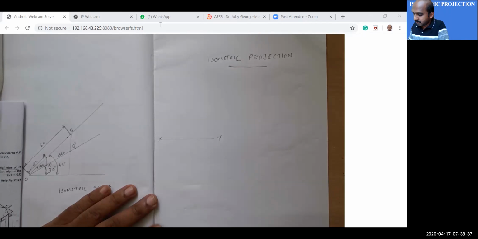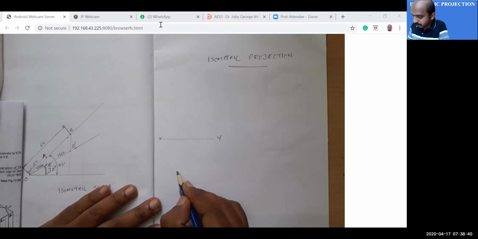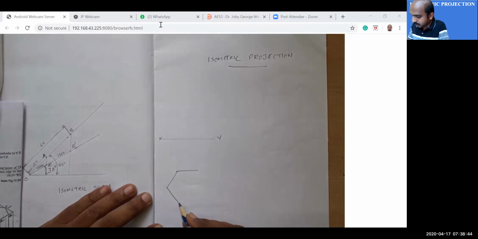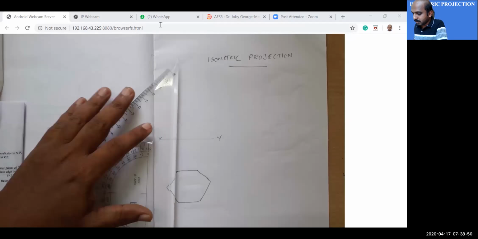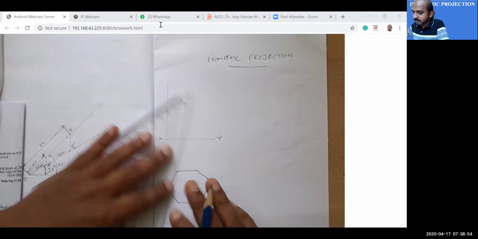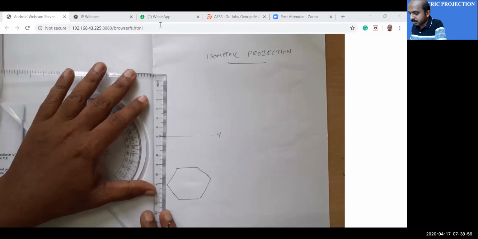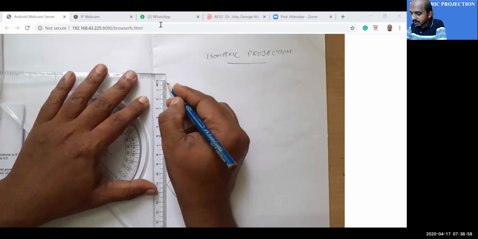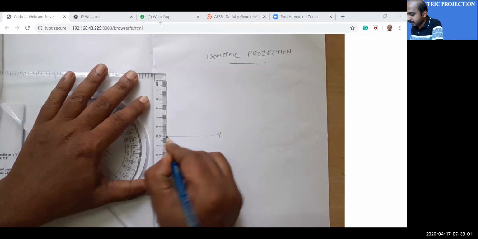This is a hexagonal prism of side 25 and height equal to 60.